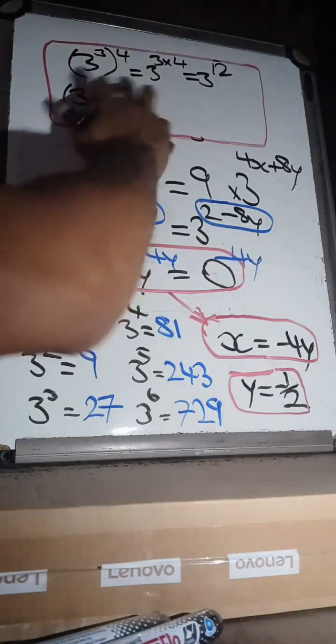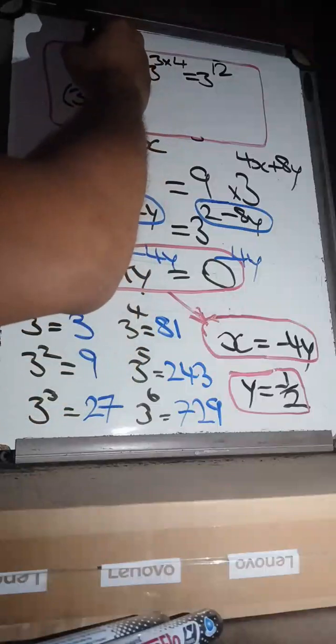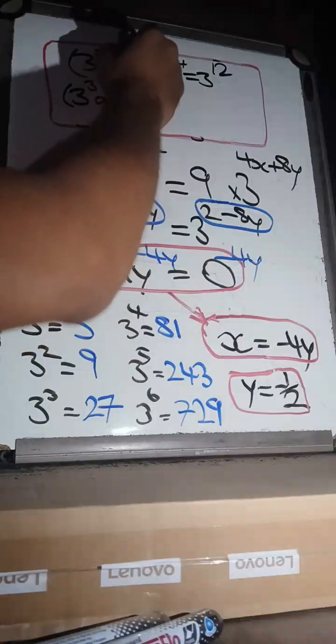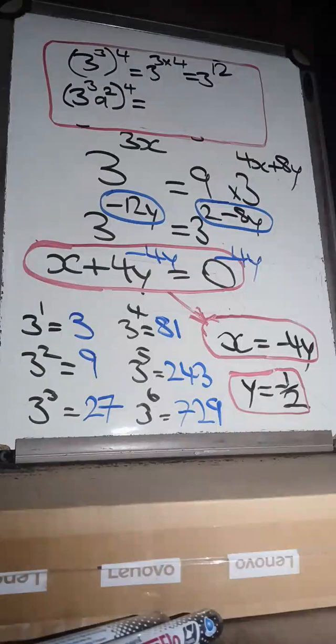Oh, hold on. I don't want it to just be that. 3 to the 3 times a raised to the 2, all of that raised to the 4. Now the reason why this is important is because I don't think a lot of people pay attention to this aspect of it.